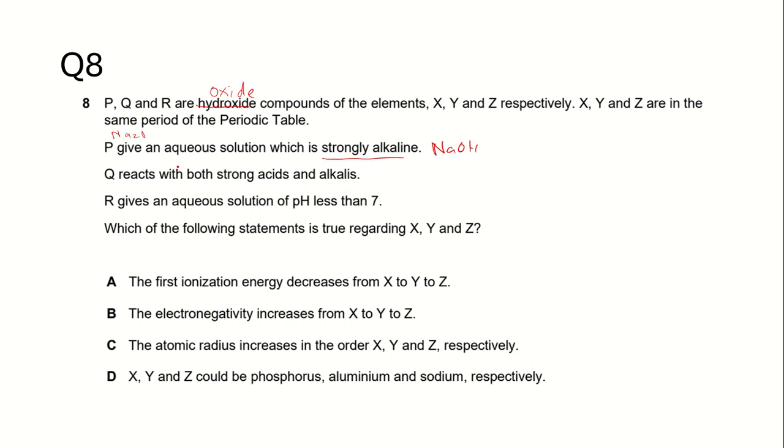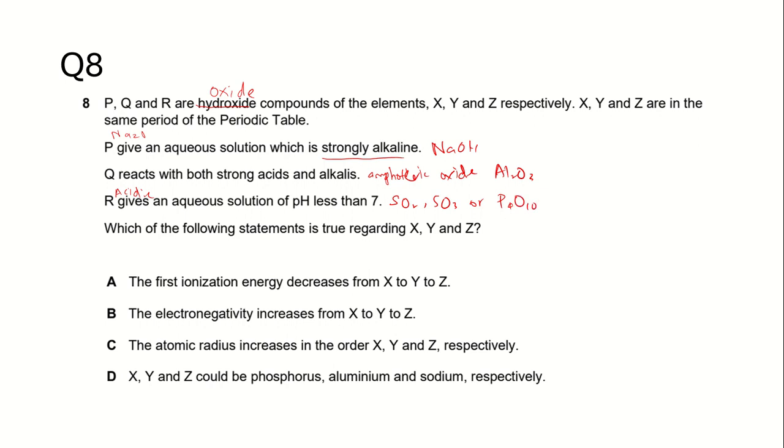Now, the oxide of Q can react with both strong acid and alkali. It is an amphoteric oxide. So we know Q is aluminium oxide. R gives an aqueous solution of pH less than 7, acidic. An acidic oxide can be sulfur dioxide, sulfur trioxide, or phosphorus oxide.